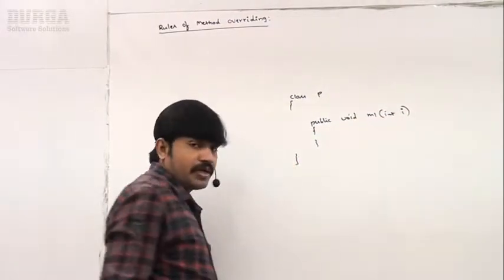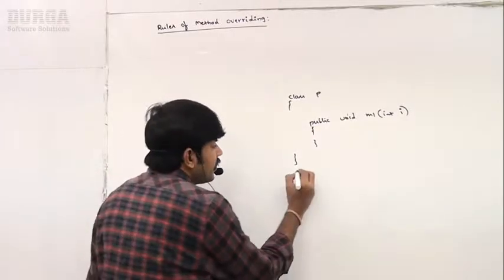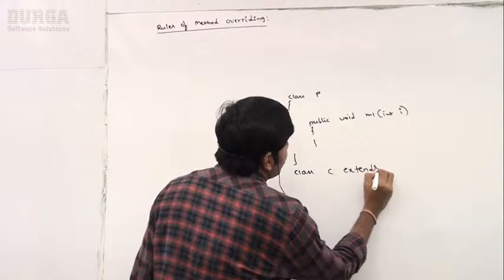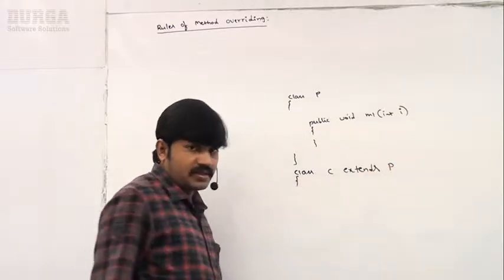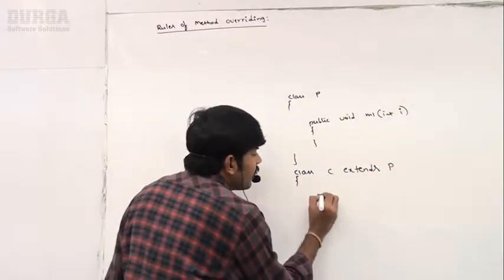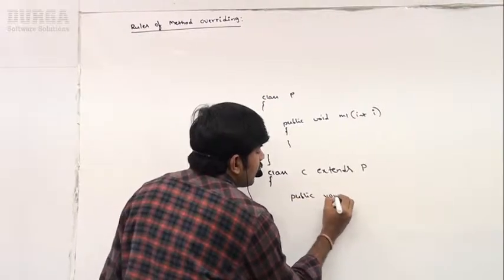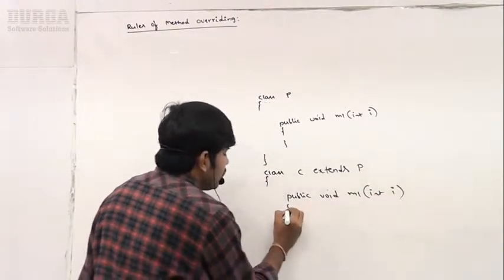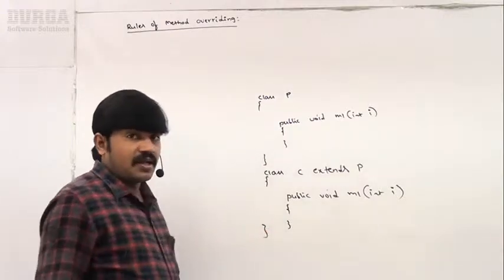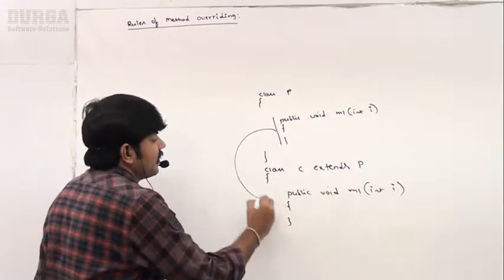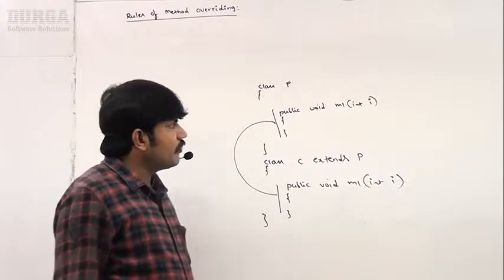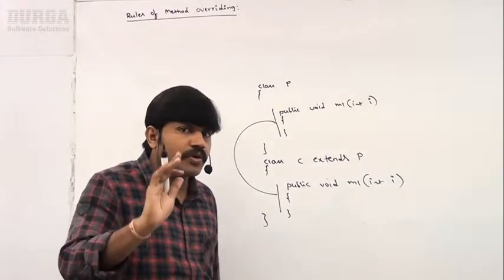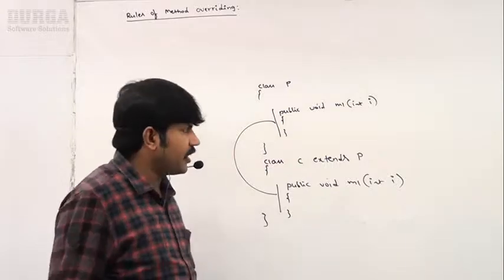This is the method we have in class P. Sir, now I'm taking class C extends P, public void m1(int i), like this I'm taking. Can you please tell, is it valid overriding or not? Yes, friends, is it valid overriding or not? Yes. Here is the first rule we have to check.